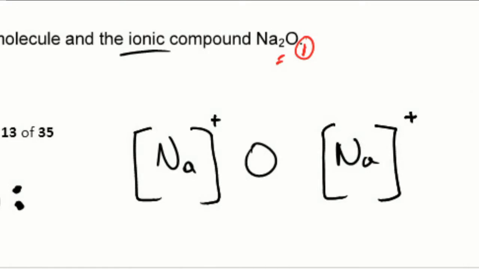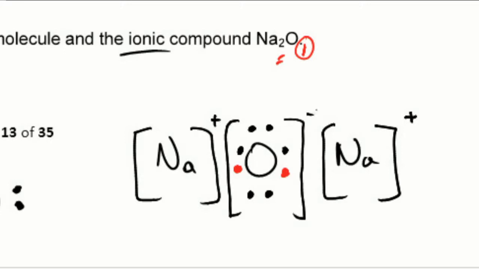Now, oxygen is in the 16th column, sorry. So we'll have 1, 2, 3, 4, 5, 6. And then each one of the sodiums is giving oxygen an extra electron. So oxygen has gained 2 electrons and will have a charge of -2.